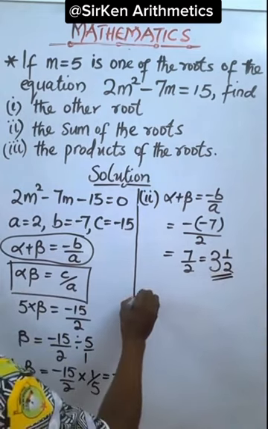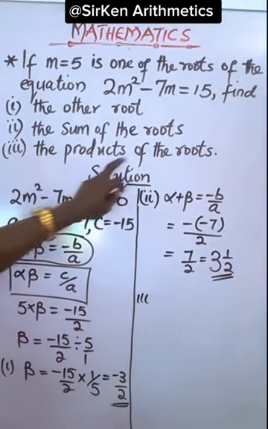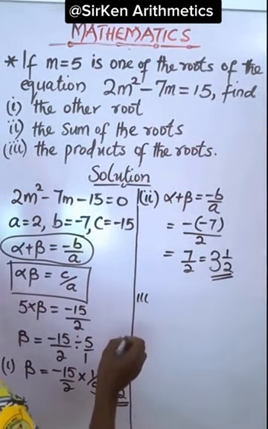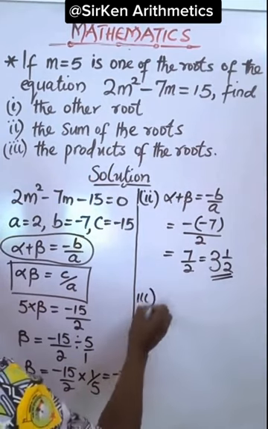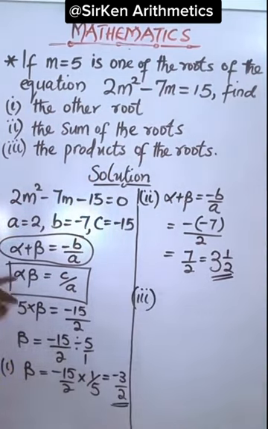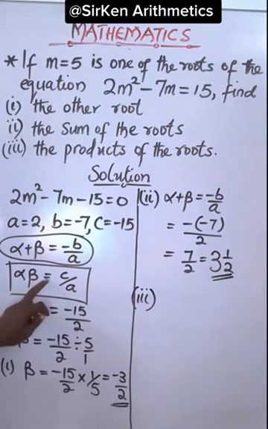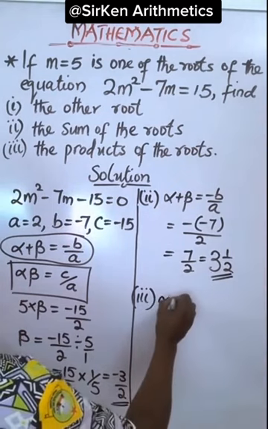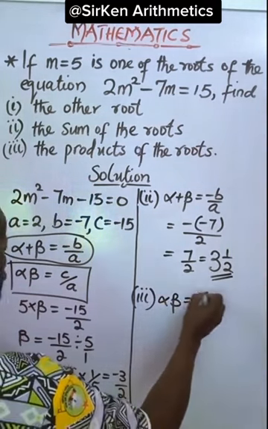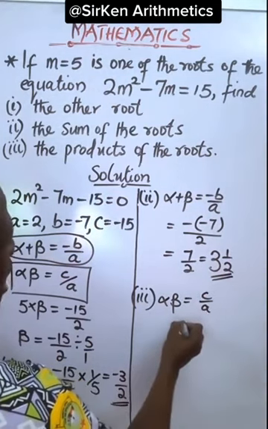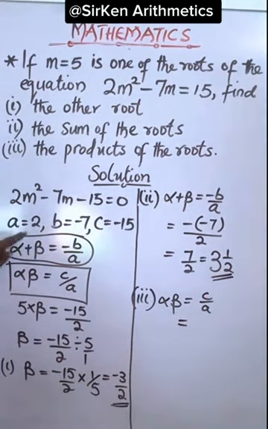Let's take the last one. The product of the roots. I think we have solved this one already. Remember, the product of the roots is c over a. That means alpha beta is c over a. And that will give me, what is c?